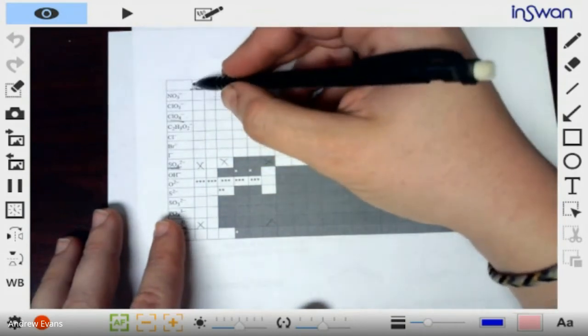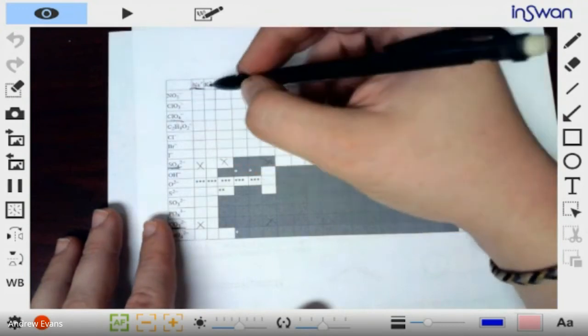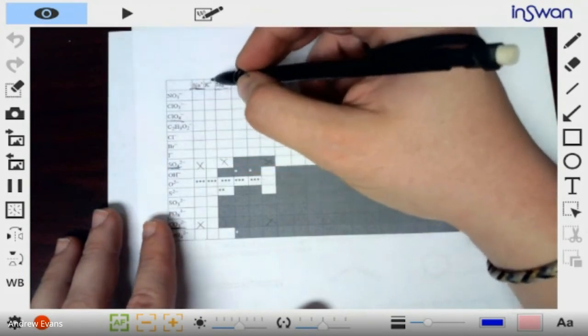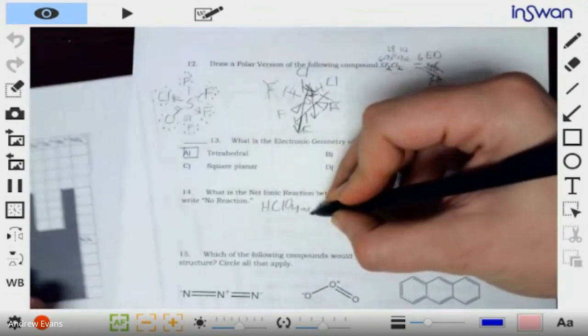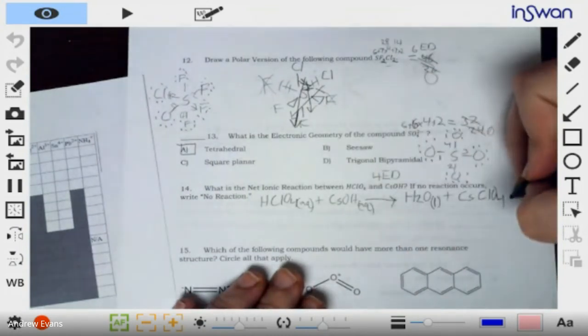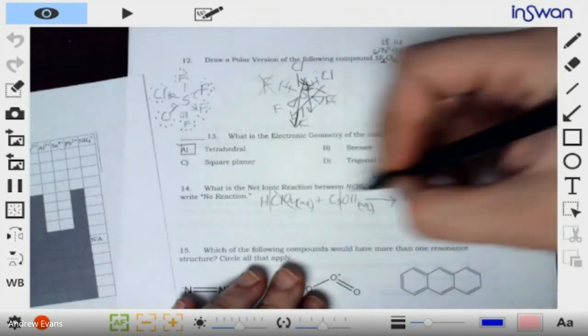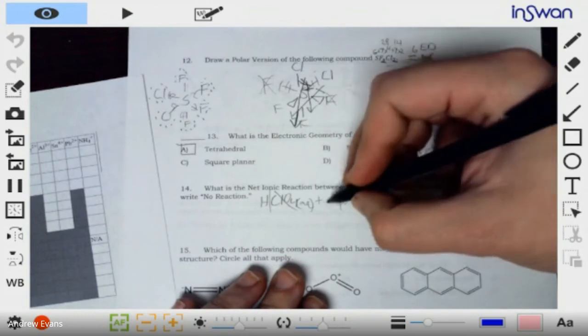And rule 1 says any of these group 1 metals are also always soluble. So this guy's going to be aqueous, this guy's going to be aqueous, and this guy's going to be aqueous. So when I split this apart, I'm going to end up canceling out the cesium and canceling out the perchlorate.